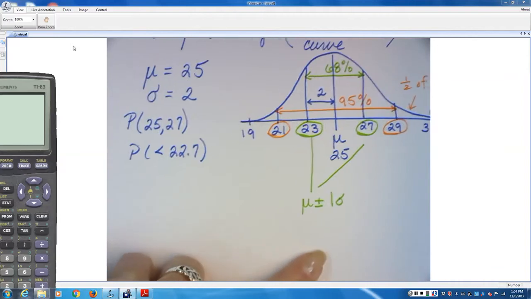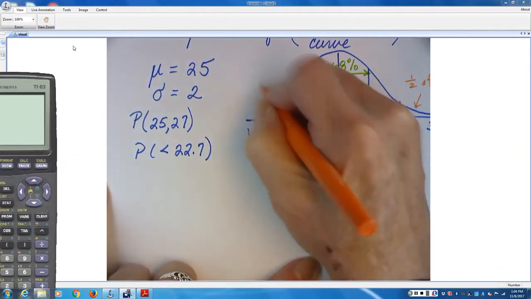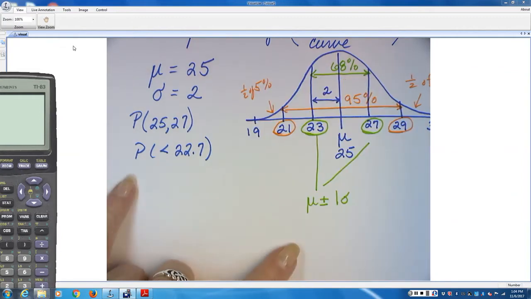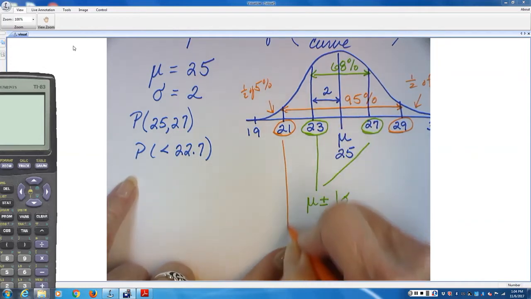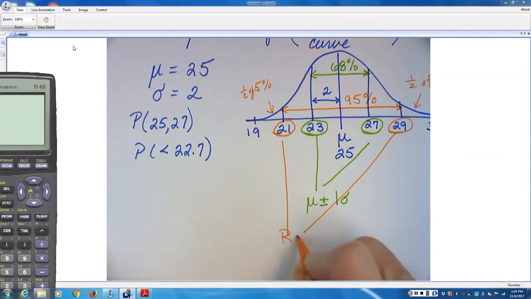It would also be highly unusual to have a delivery time that is less than 21 minutes. I would consider both of those to be very, very unusual. So these are the ones that come from the range rule of thumb, that says it's unusual to have anything outside the interval of the mean plus or minus 2 standard deviations.